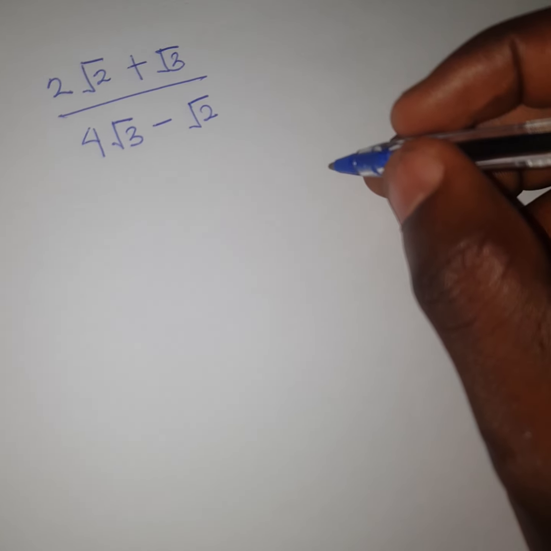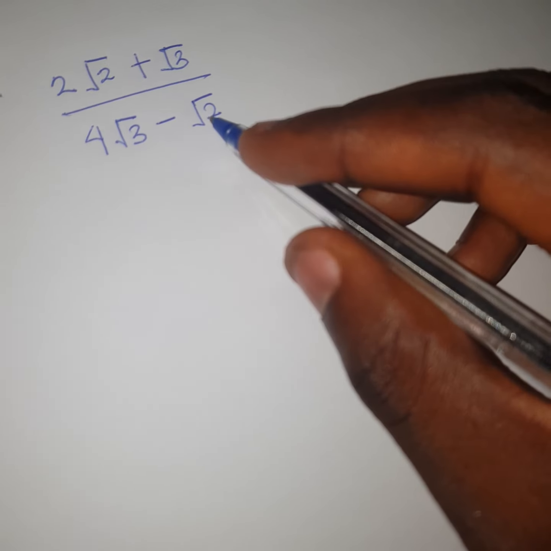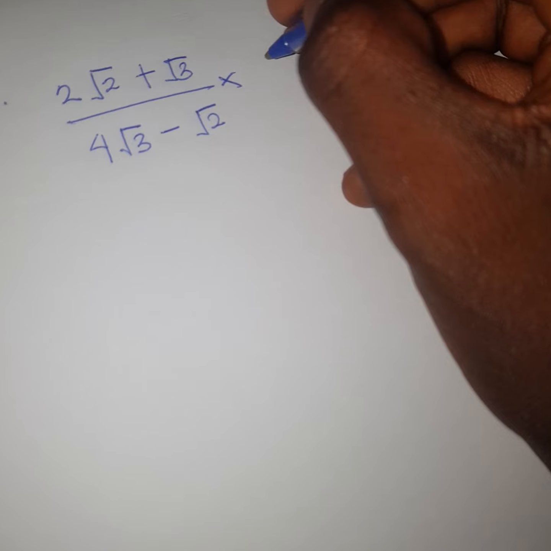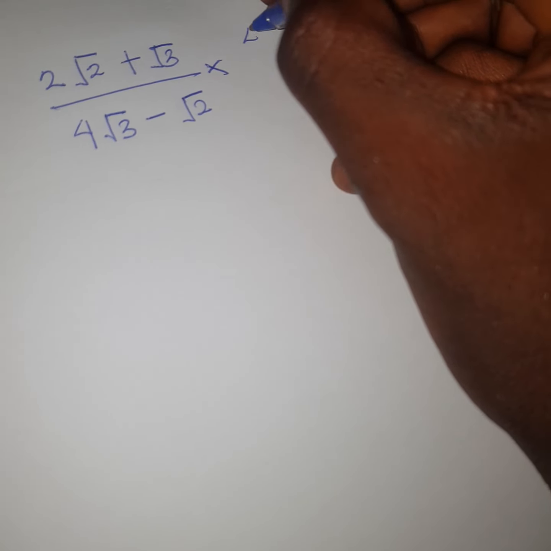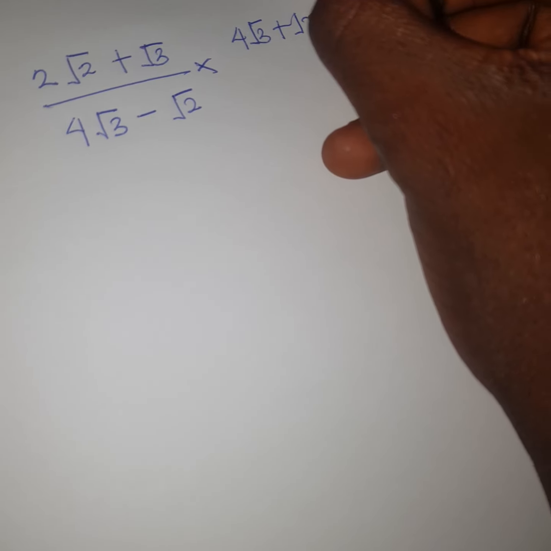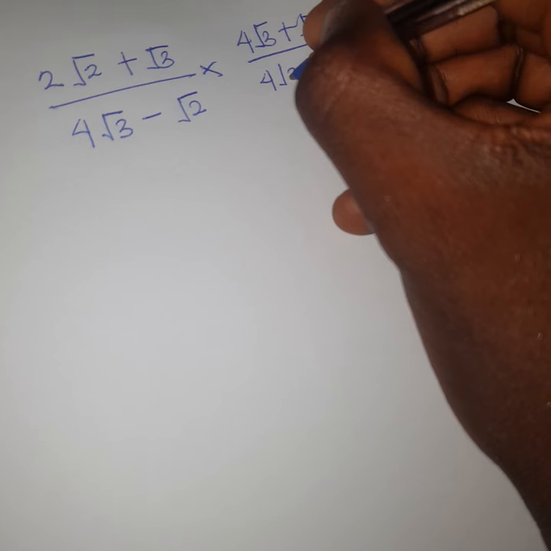So looking at this, the conjugate of the denominator is 4 root 3 plus root 2. So you multiply both the numerator and the denominator by the conjugate, which will be 4 root 3 plus root 2 all over 4 root 3 plus root 2.